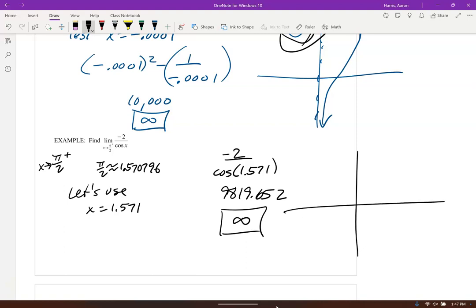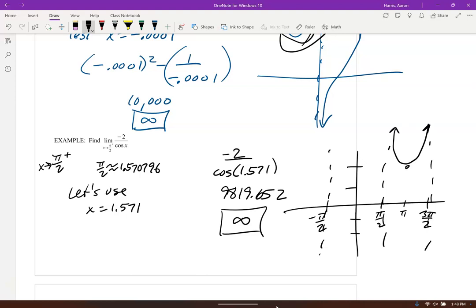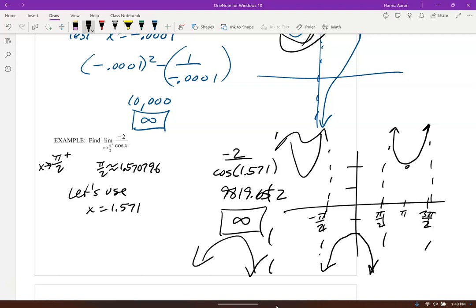Of course, if you graph that, at pi halves you've got an asymptote, and at three pi halves you have an asymptote. Anyways, it kind of repeats this pattern.